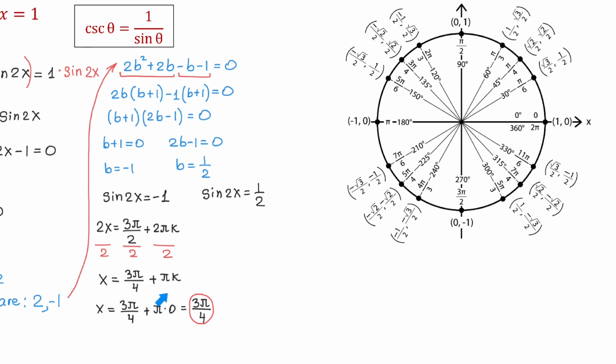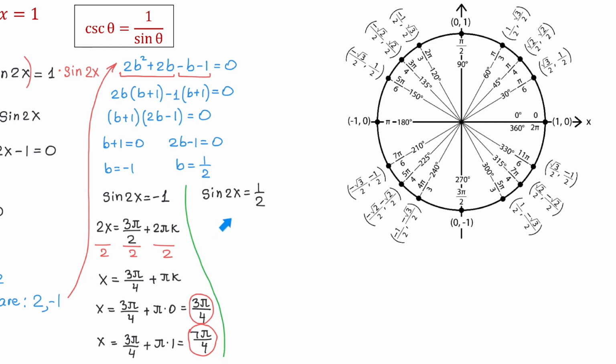Next, we will replace k with 1, and we will have x equals 3 pi over 4 plus pi times 1, and this will be equal to 7 pi over 4. So this is the second solution we found. And this is how far we will go with the first equation, because now if we replace k with 2, then the number we will get will be greater than 2 pi.